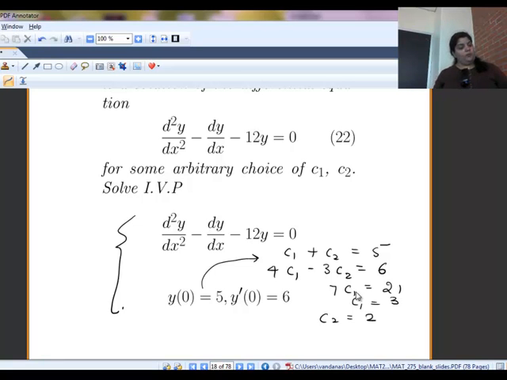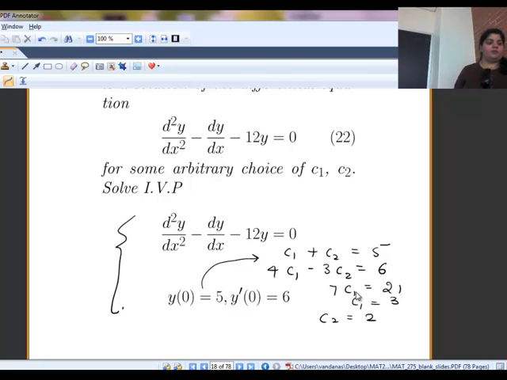So now if you plug e to the power lambda x into this differential equation, you will get a value of lambda. Now interestingly, once you get lambda, you know e to the power that is a solution of this problem, right?